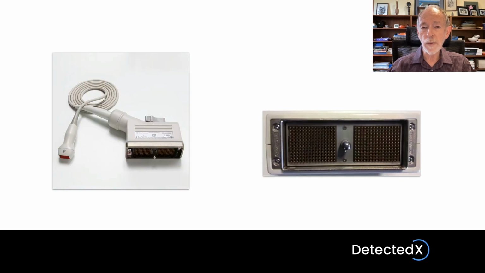I just have one thing I'd like to talk about in connection with the probe. I've discussed the transducer, which is the active element within the probe, and I've talked about the probe itself and its construction. I want to just talk briefly about the connector, which connects the probe to the ultrasound machine, and the cable, which goes between that connector and the probe itself.